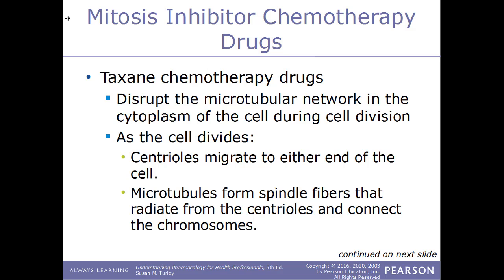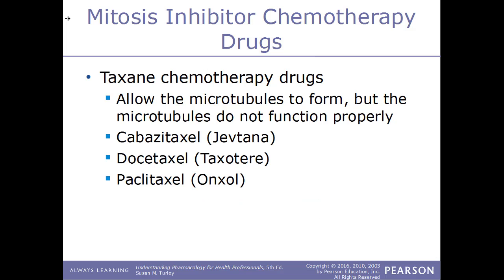And the microtubules form spindle fibers that radiate from the centrioles and connect the chromosomes. Now, the taxane chemotherapy drugs still allow the microtubules to form, but the microtubules don't function properly. And some examples of a taxane chemotherapy drug would include cabazitaxel, known by its trade name Jevtana, docetaxel, known by its trade name Taxotere, and paclitaxel.